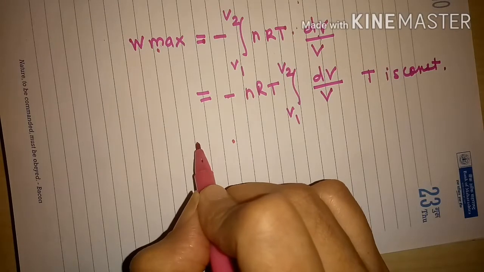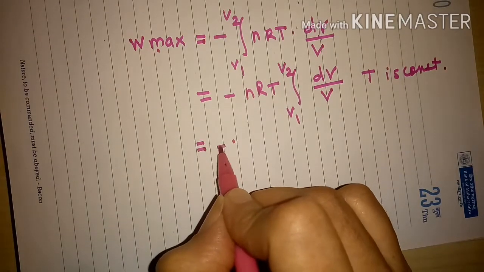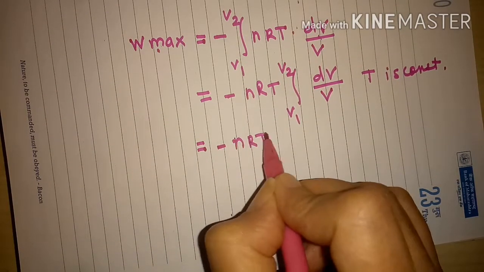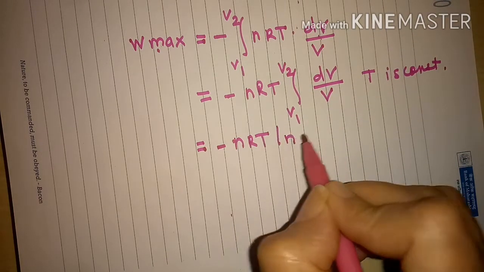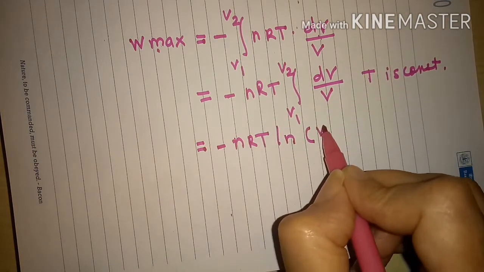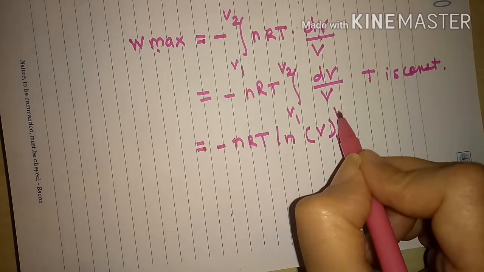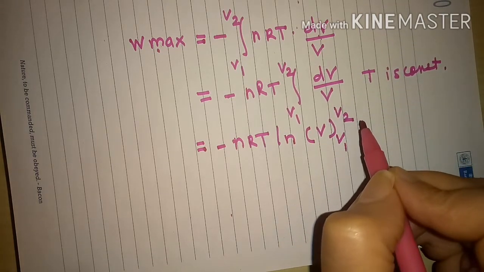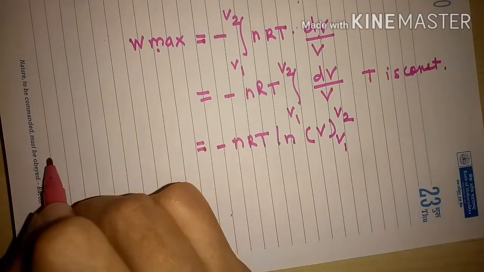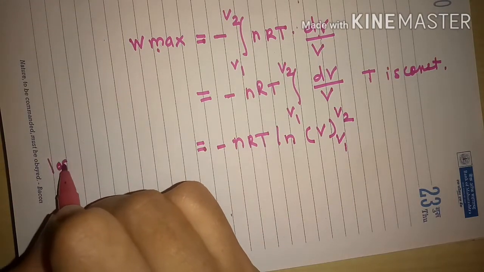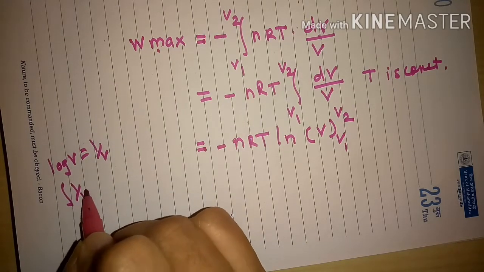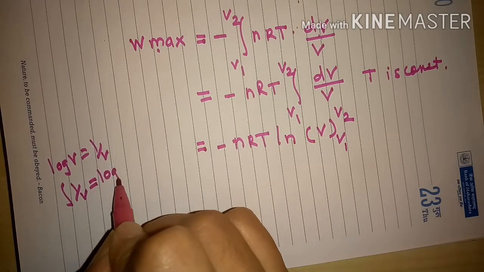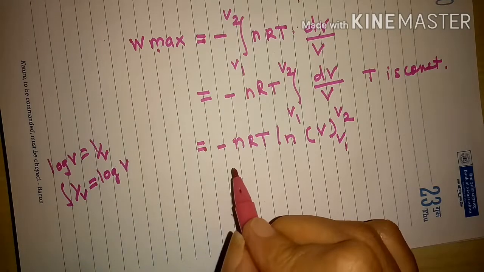Now further you can write minus nRT ln V between V1 and V2. The derivative of log V is 1 by V, so the integration of 1 by V will be equal to log V. You know this thing.